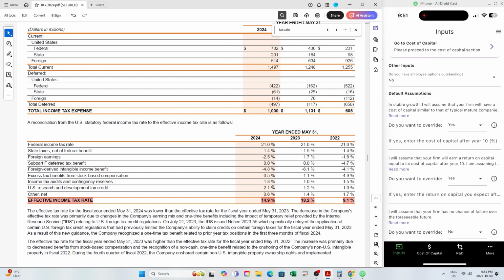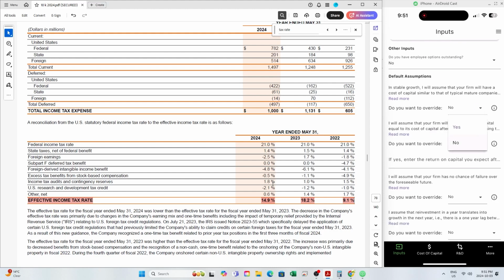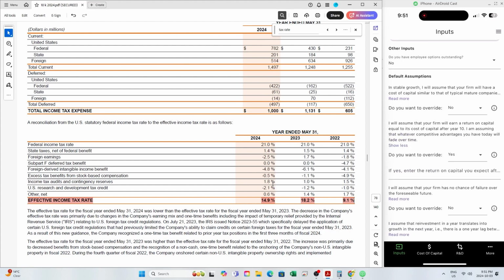Next, I am leaving all the default assumptions as they are except the first two. The first assumption is in stable growth. I will assume that my firm will have a cost of capital similar to the typical mature company, and I don't want to overwrite it.